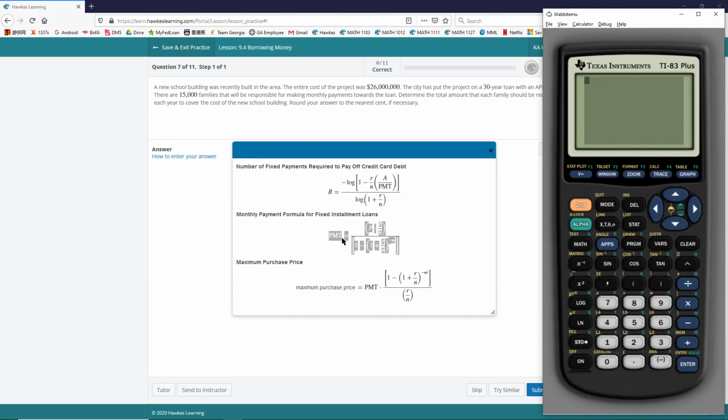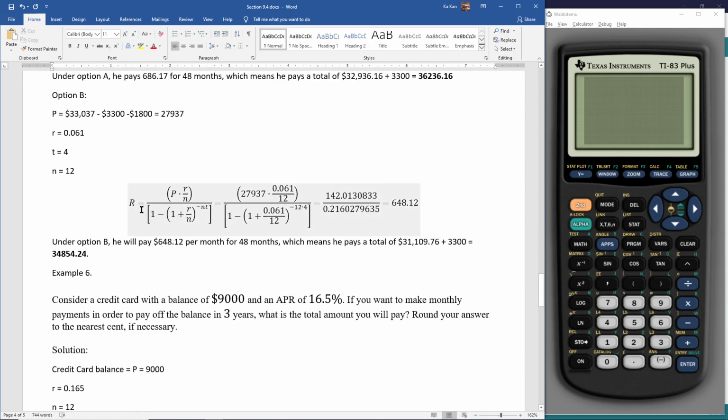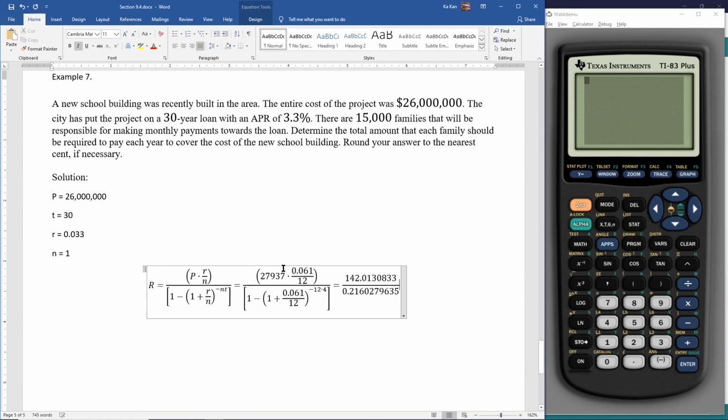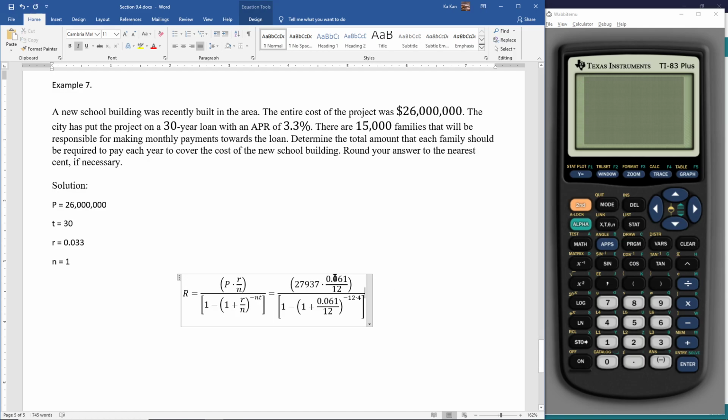So let me go ahead and copy from before, just like that, and delete some of this right here. And I will change some of this information.